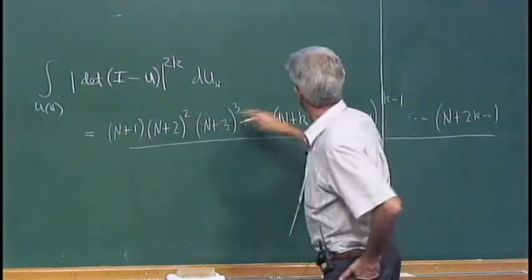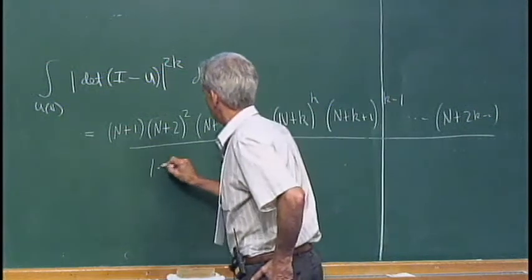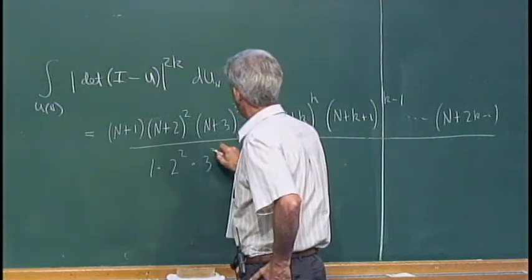So your exponents go up till you get to k, and then they go back down. And then the denominator, you have the same thing, but with n equals 0.